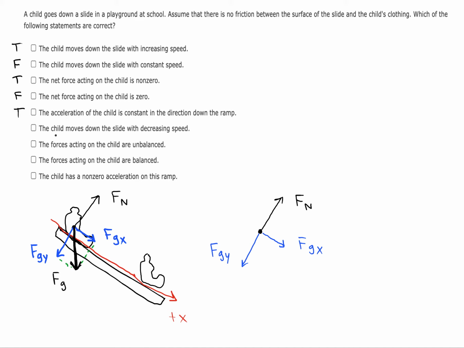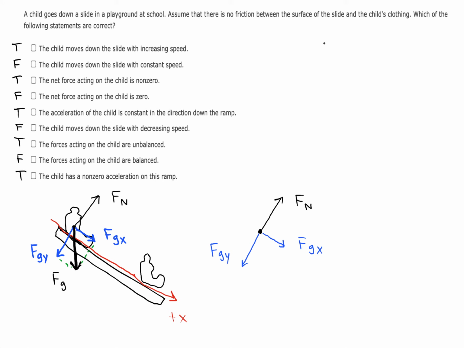The child moves down the slide with decreasing speed. That could be true if there was friction, but that's false in this case. She's going to have increasing speed. We said that up here. The forces acting on the child are unbalanced. That is true. Forces acting on the child are balanced? No. And the child has a non-zero acceleration on the ramp.